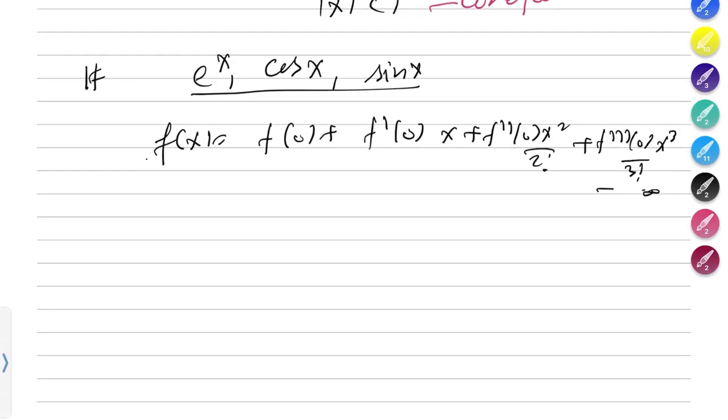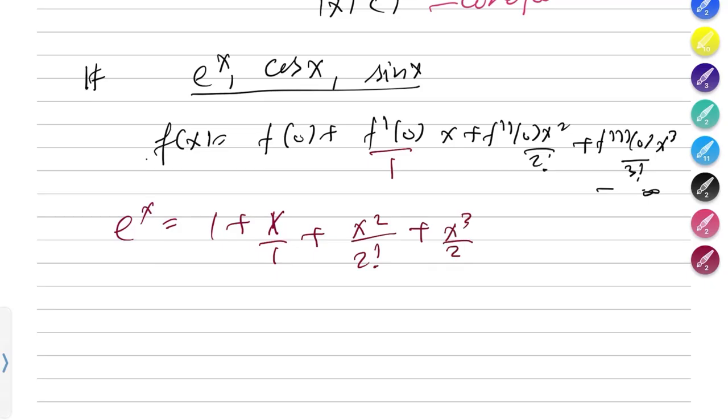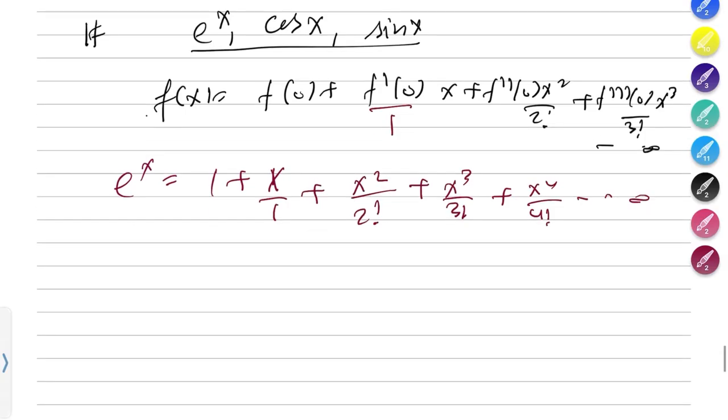Using this power series formula, we can find that e to the power x is 1 plus x plus x square upon 2 factorial plus x cube upon 3 factorial plus x to the power 4 upon 4 factorial up to infinite.